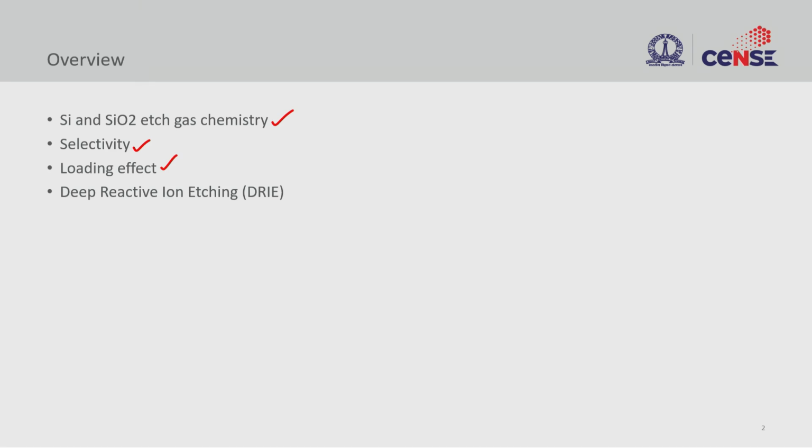The loading effect is a result of various factors in design and also the process. So let us understand what the loading effect is, and then finally we will also look at a special type of etch called deep reactive ion etching, which is used in modern day integration.